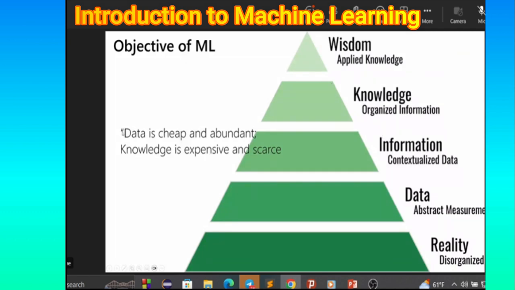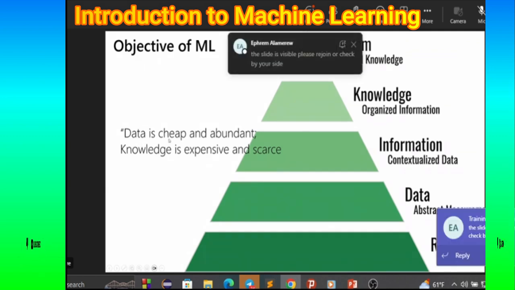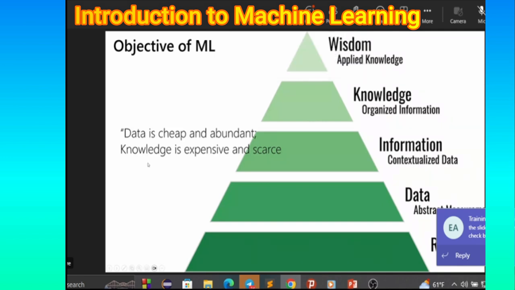The ultimate objective of machine learning is ensuring that data, although cheap, can be used to extract useful insights, and finally to enable or add additional intelligence to applications and services that we use in one or more scenarios. So this is the ultimate objective.